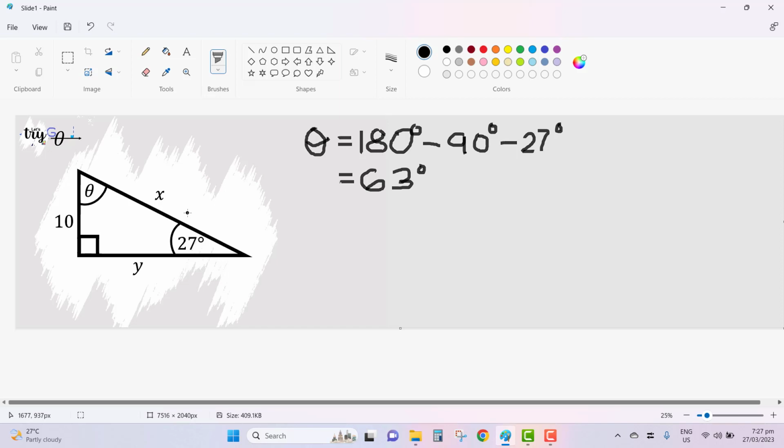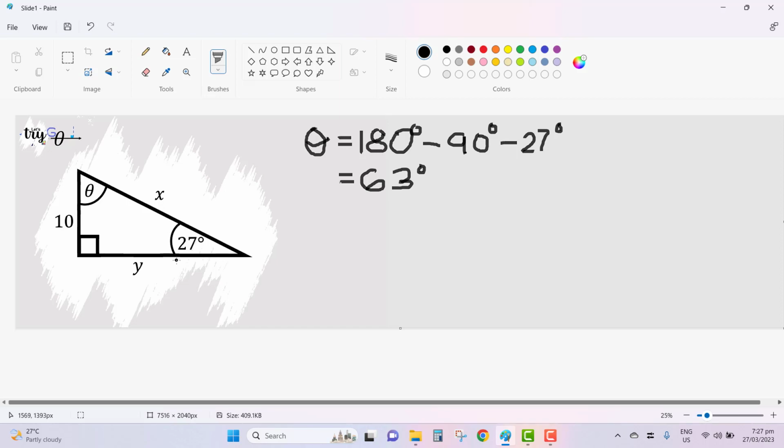Now, aside from the triangle angle sum theorem, since we are 100% sure that this is 90 degrees, we could simply use the concept of complementary angles. We're talking about the measurement of this angle theta when paired with 27 degrees.